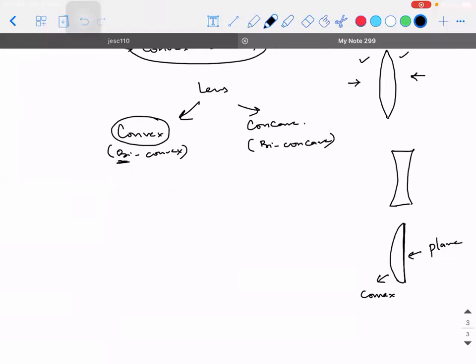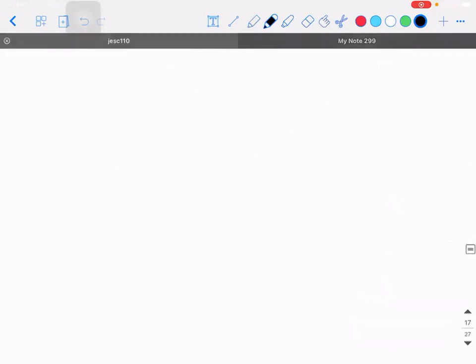It's a plane. Generally, we call them plano-convex. Don't worry, this is not in your syllabus. It is just for you to understand how lenses are named. Our main concentration is going to be only on convex and concave. So I hope you understood why the names have come.